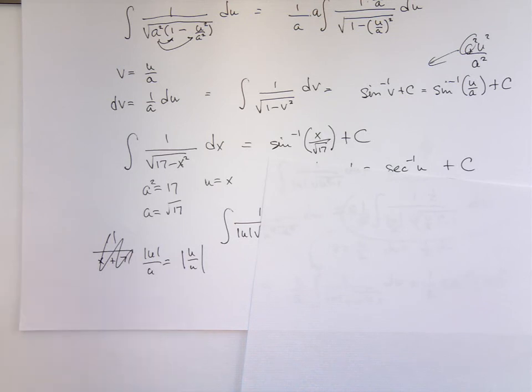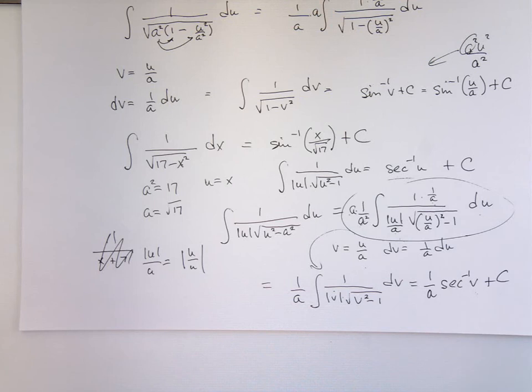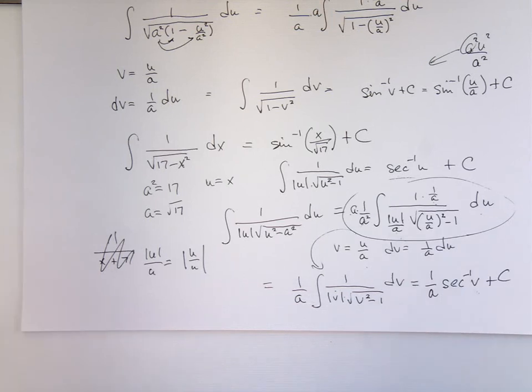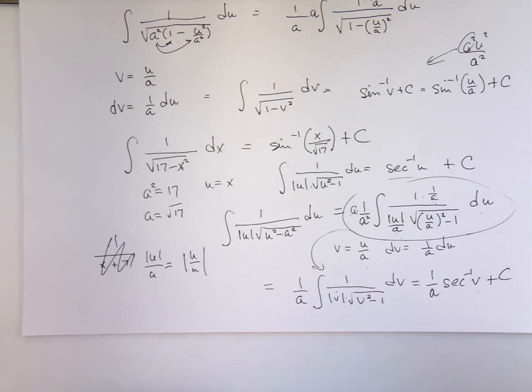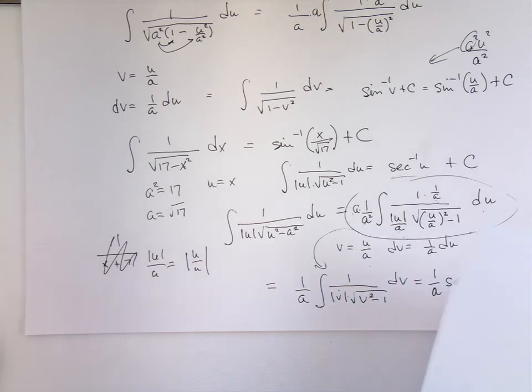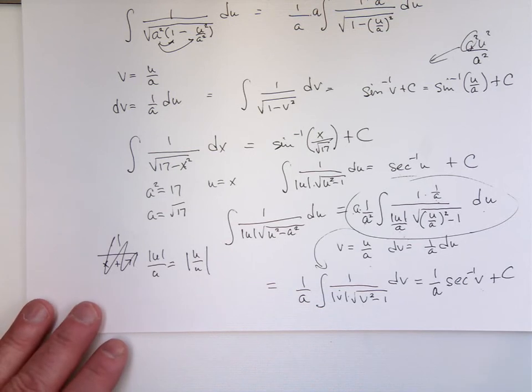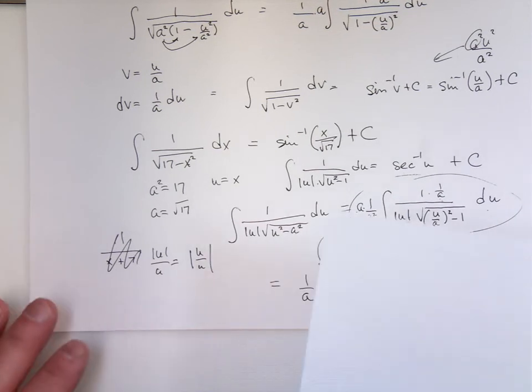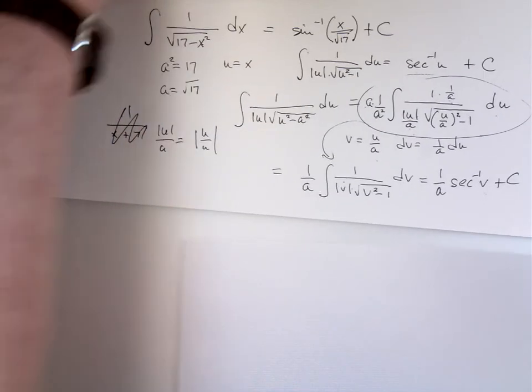Okay, so here's what we have. I'm going to summarize the three things we've already done. The last thing, the one we just did, was to generalize the inverse secant form. Everybody all set with that? So what we have is this.